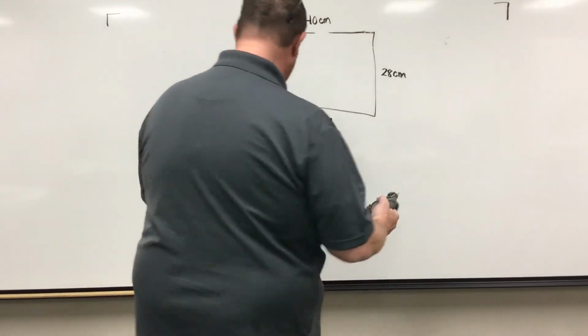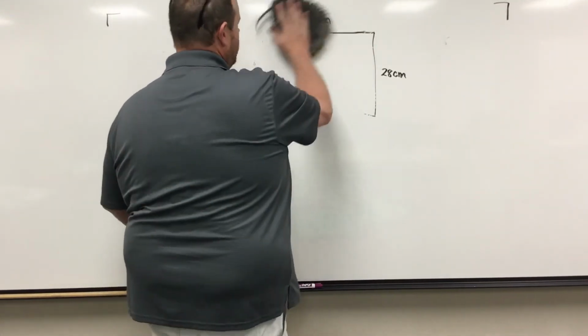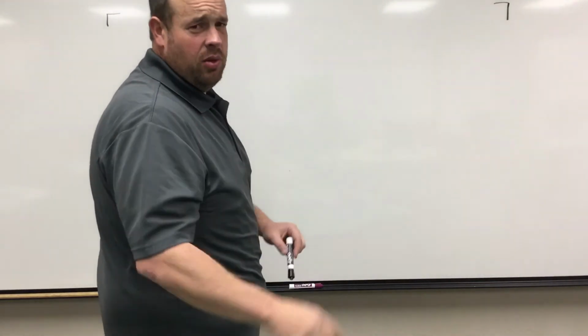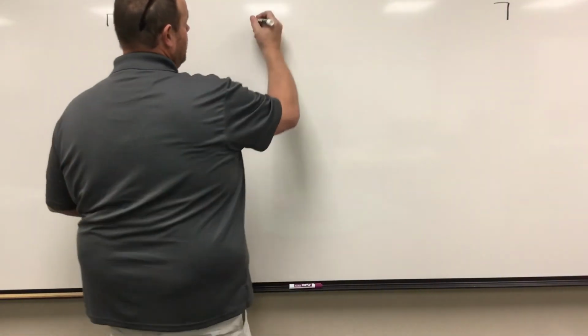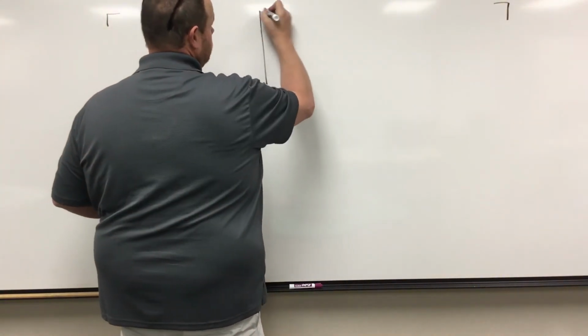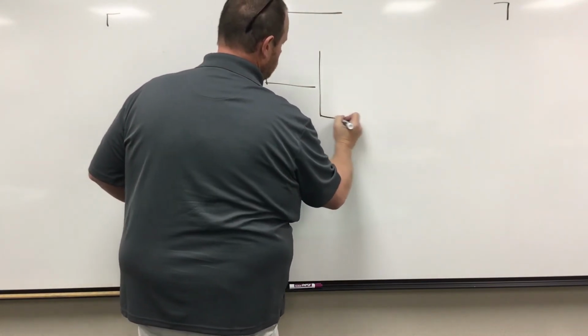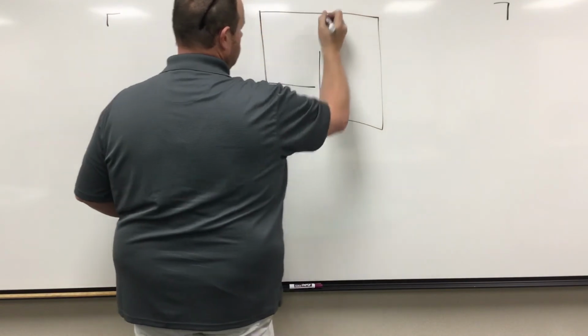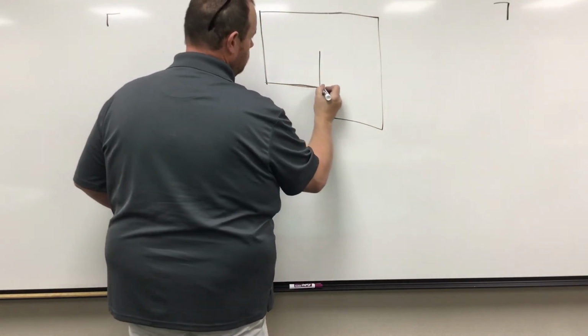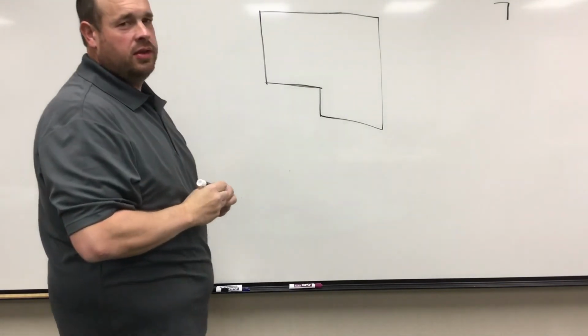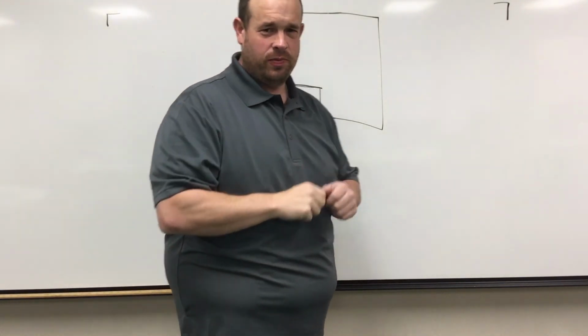And then I want you to think about this. I'm going to give you a challenge. This is going to be more what we talk about on Monday. Let's say you have a shape that isn't a rectangle. So here's a challenge for you.